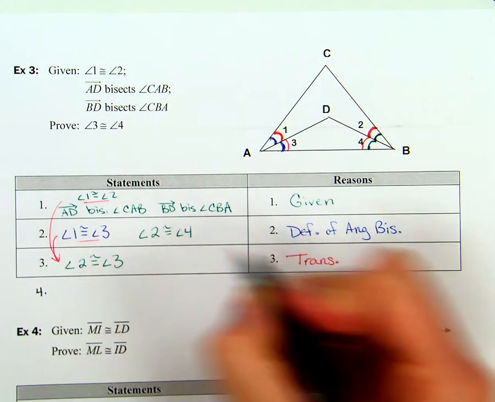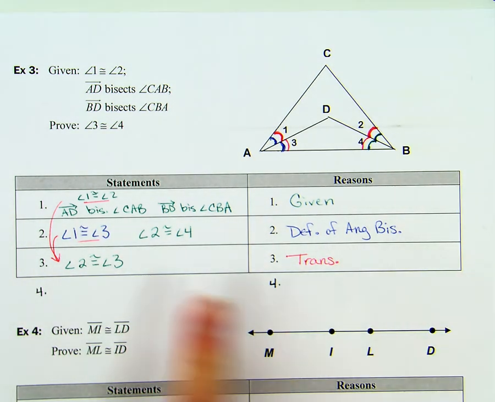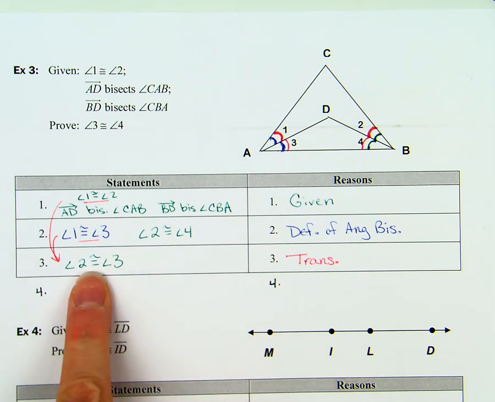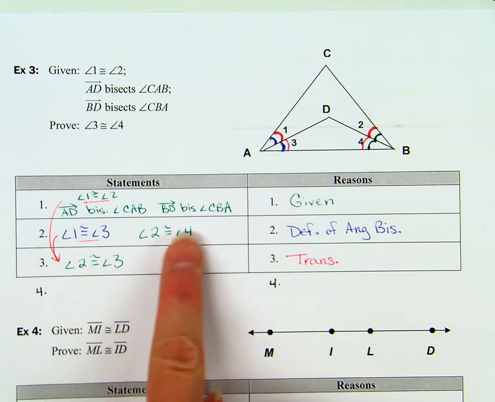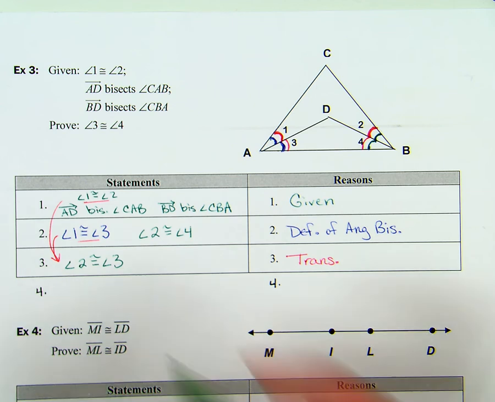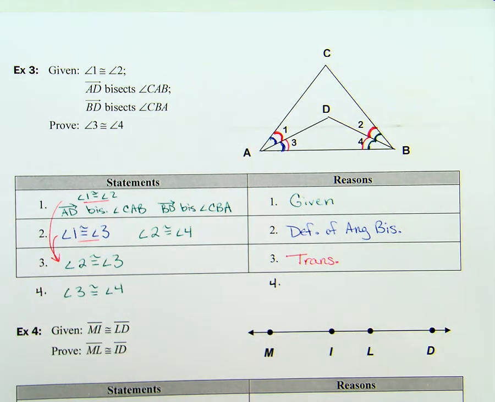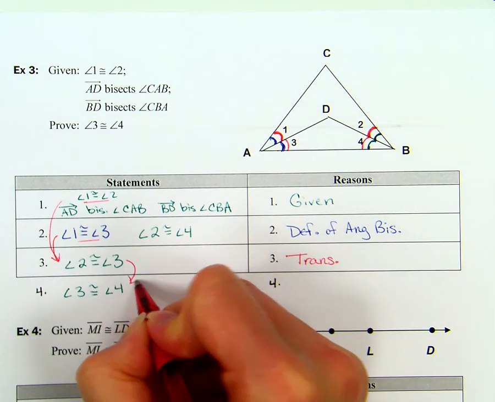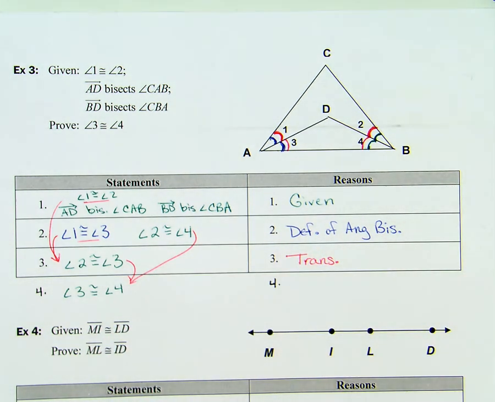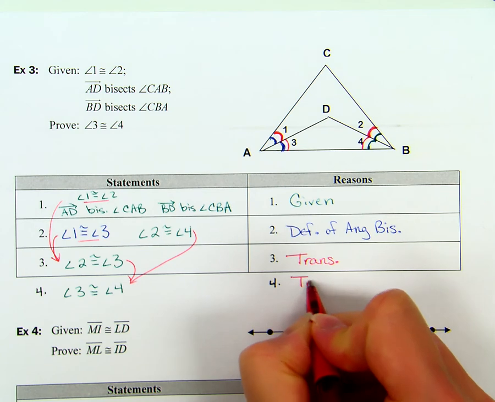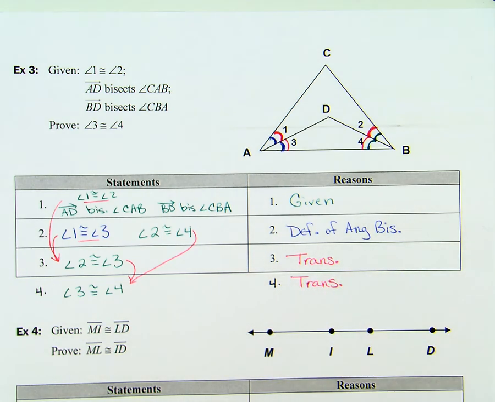We're going to add one more line. Since 2 and 4 are the same and 2 and 3 are the same, well, we should be able to conclude that 3 and 4 are the same. Again, that's the transitive property.